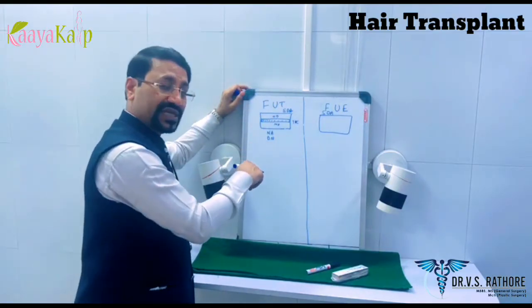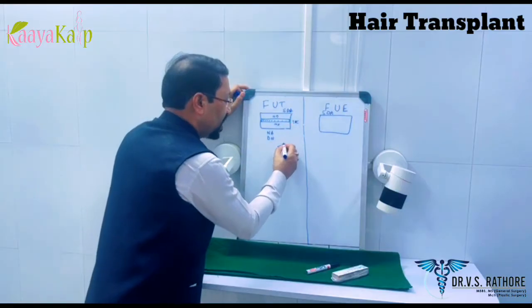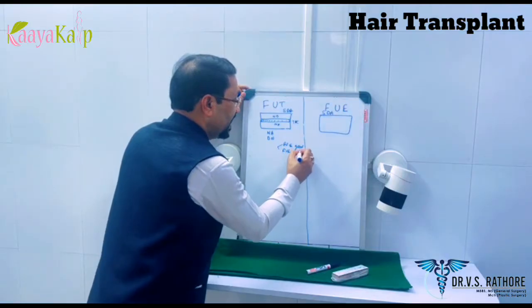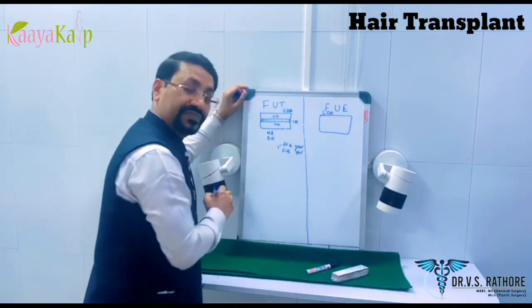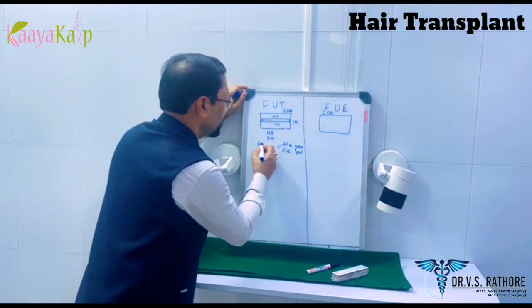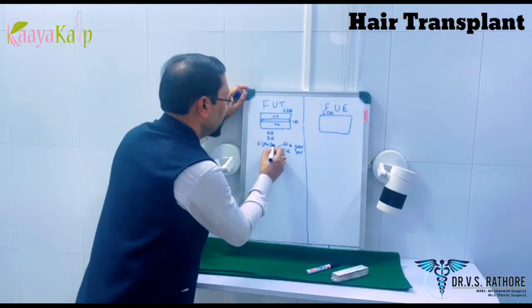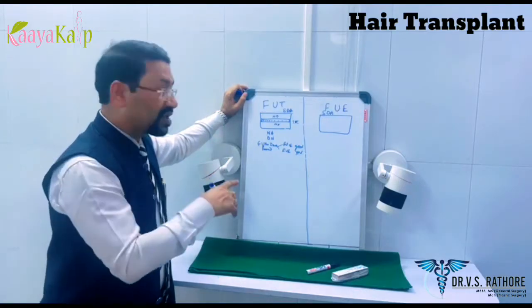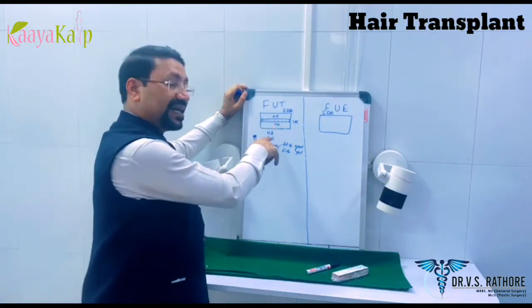That means in future, I can again do either a FUT or an FUE with a good yield of graft. That means this process is preserving my future donor area for the next transplant without compromising the density.